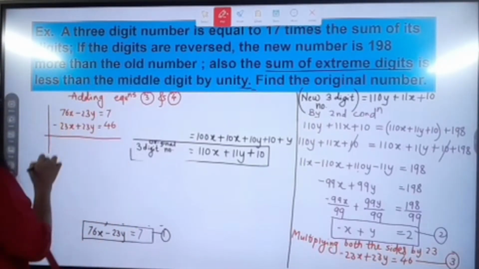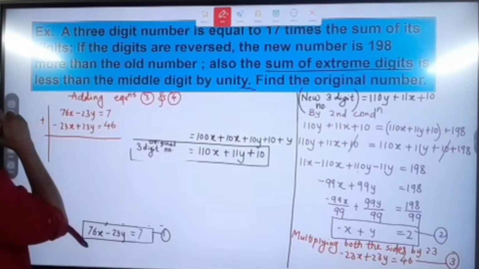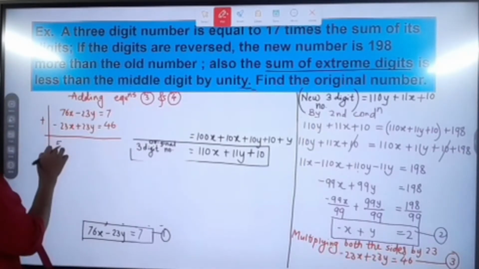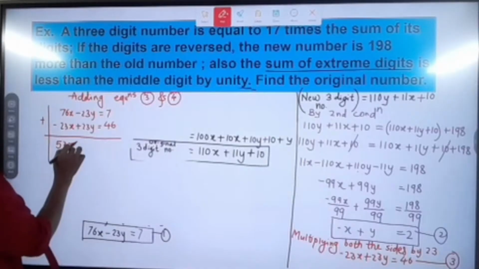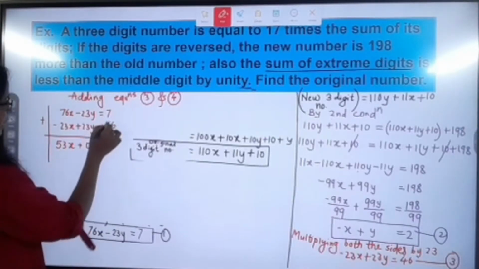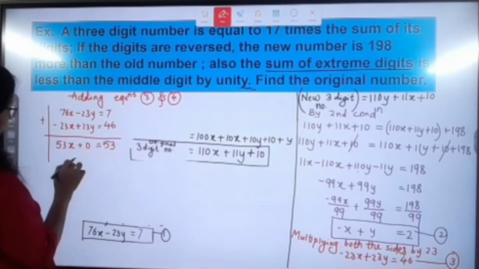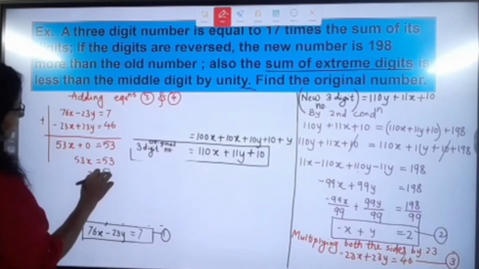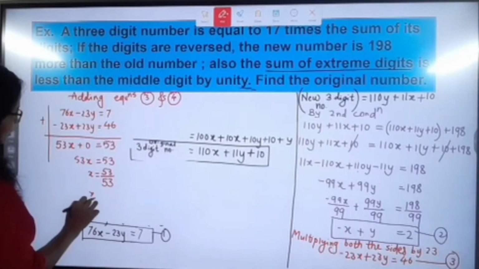So here students, 76 minus 23, that means 53x plus 0, which is equal to 53. So 53x is equal to 53, so x is equal to 53 upon 53. So x is equal to 1.